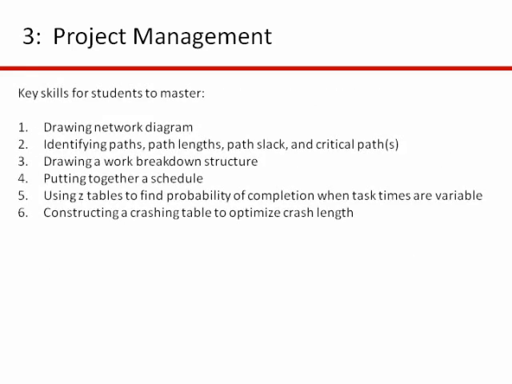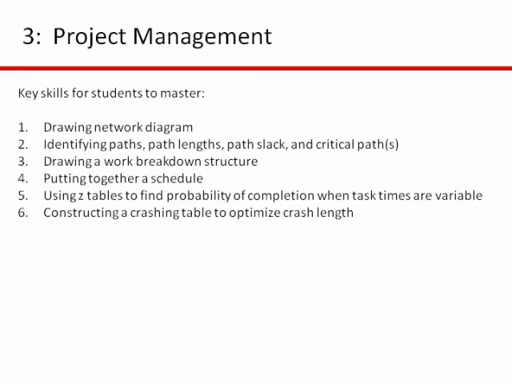Okay, so there are 6 skill sets to be mastered in Chapter 3, and I've identified them, and we're going to actually practice all 6 of them. Well, we're going to practice 5 of them. I'll give you an example of the third one, the work breakdown structure. But the first 2 are what I would call drawing a network and just doing basic analysis.